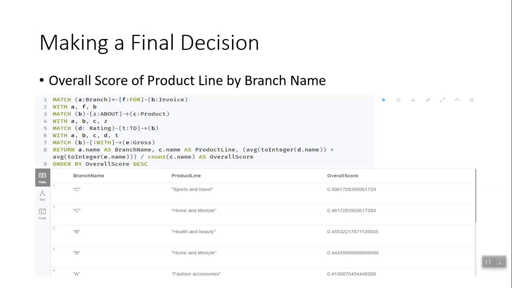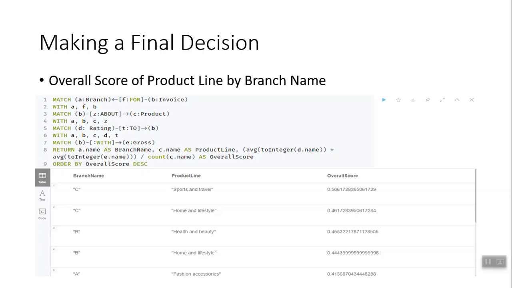For making a final decision, I wanted to develop my own overall score and run a query related to that. I took multiple nodes and multiple relationships and created somewhat of a formula, or math equation.